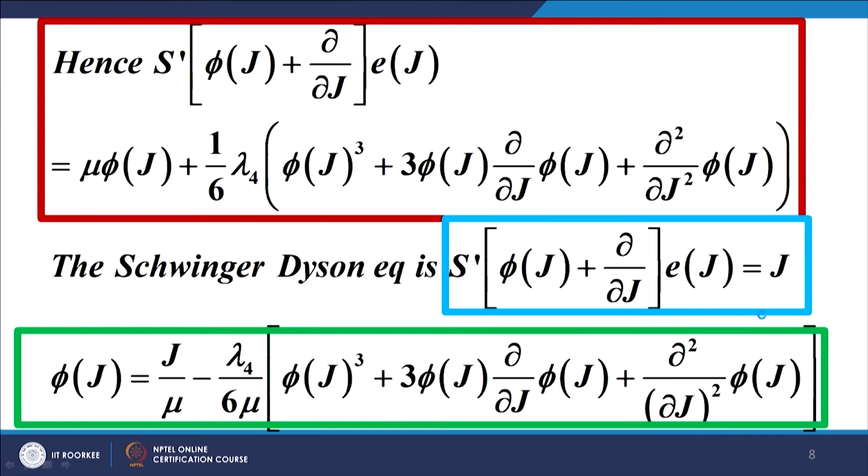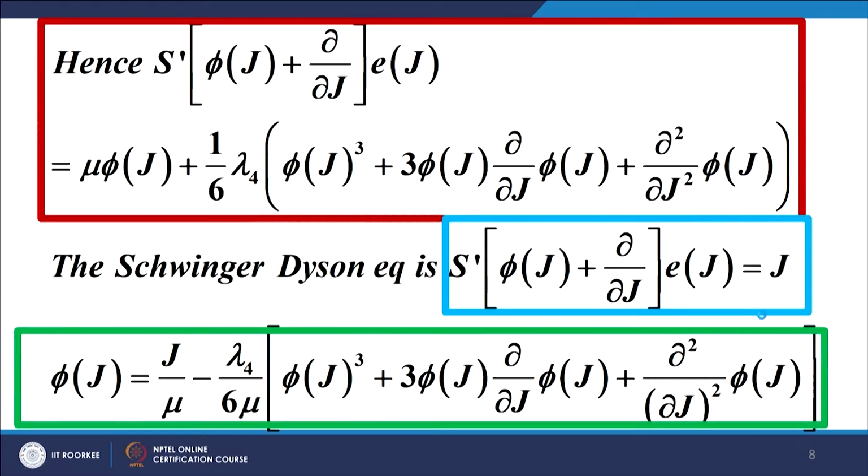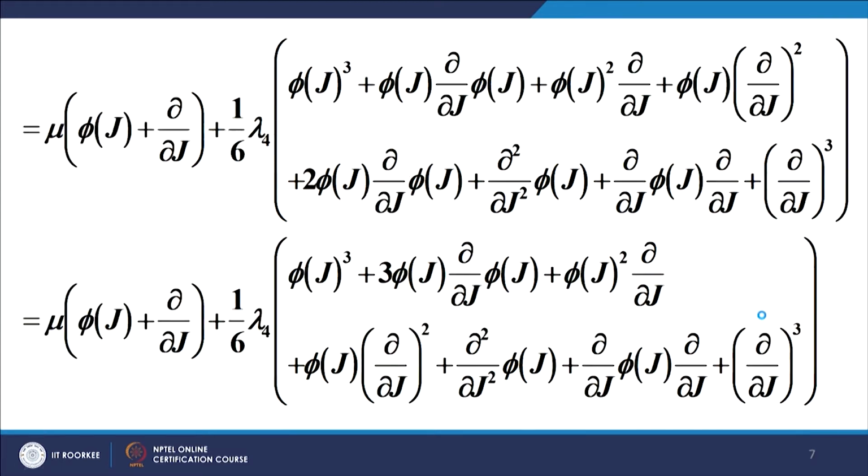The net result that we arrive at is the expression on this slide, the bottom expression. Now, when this expression operates on the unit function, the only terms that survive are the expressions that are given on the right hand side.